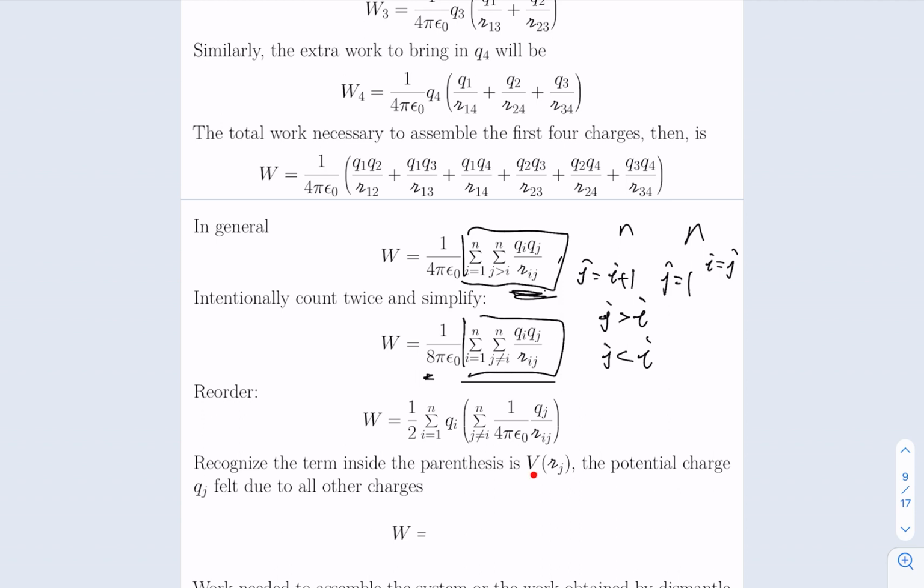And this can be abbreviated as V of r_j. And in the end it is a really simple expression. That is, the work, the potential energy, is 1/2 times the ith particle's charge times the potential it feels due to all the other charges.